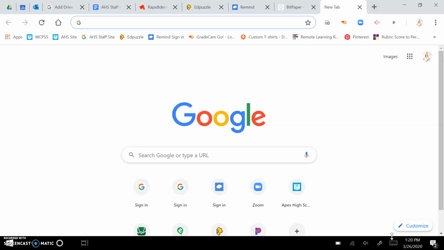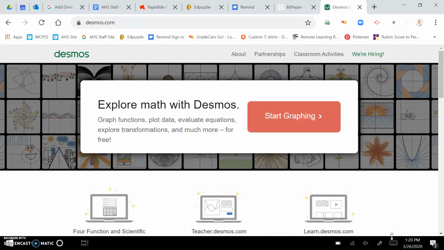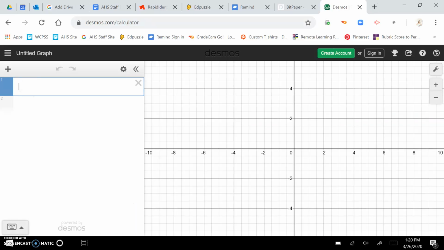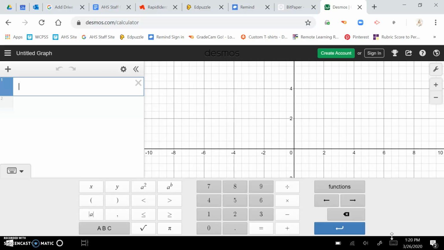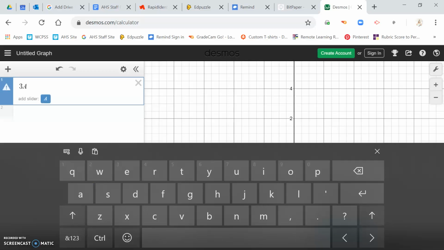You can see this in Desmos by just typing them in. Now, on your graphing calculator, you need to solve for y.